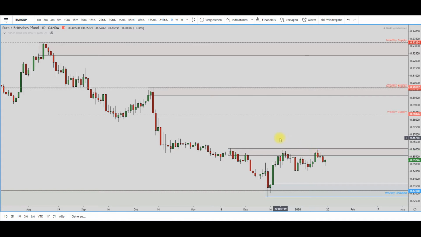That was an opportunity to look for a short again, but I had to be careful because we actually did make a higher high a couple days ago. So that means this trade was probably limited to just hit the next level of demand.